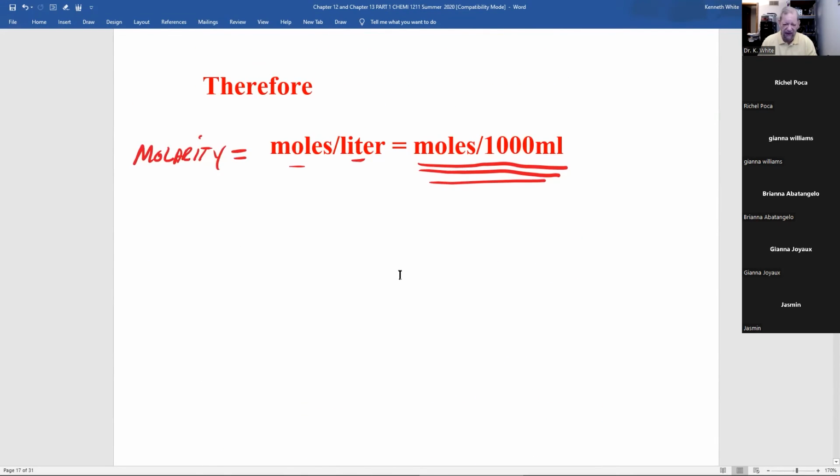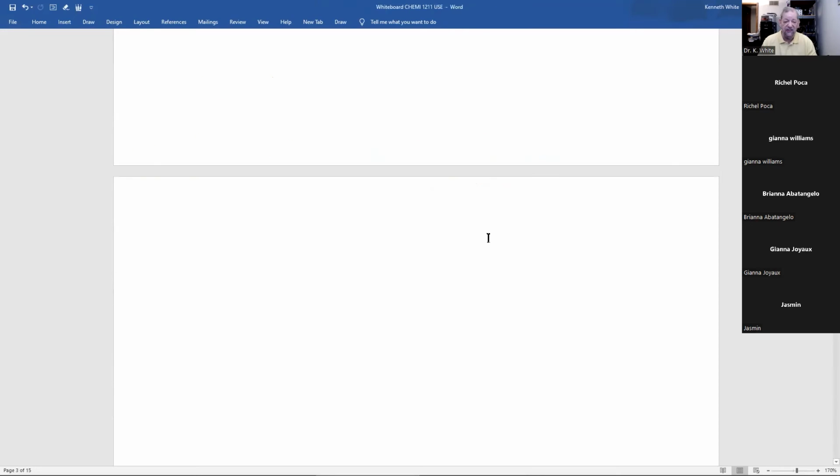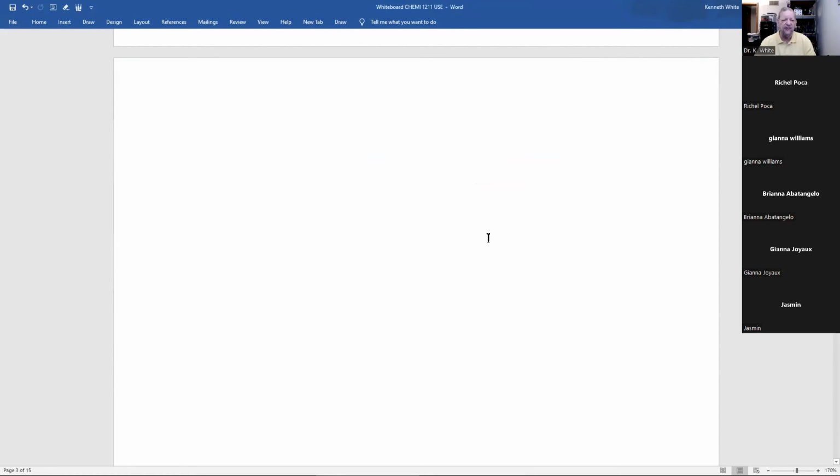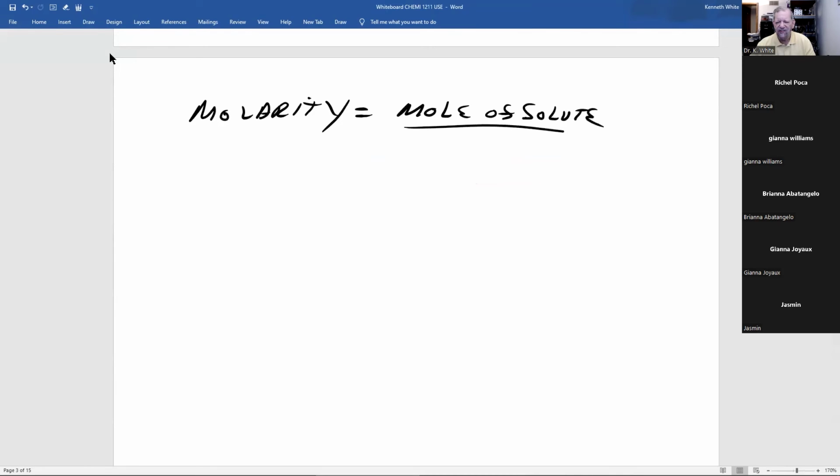So what does this mean? Well, that's a good question. Since molarity can be given in different ways, some instructors give it in milliliters and ask you to convert it or give it in liters or whatever.